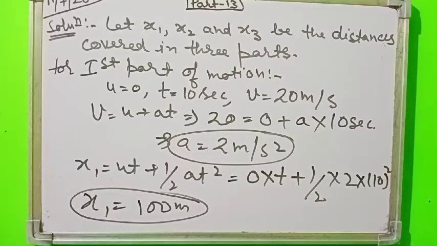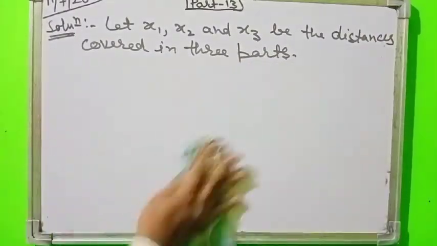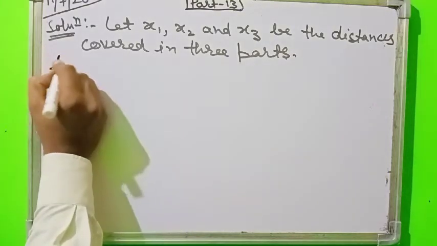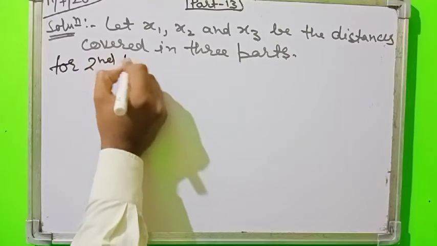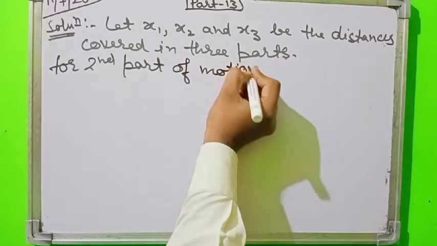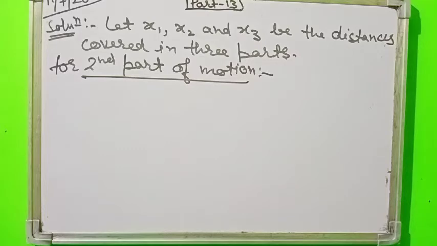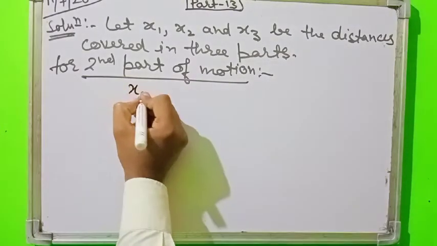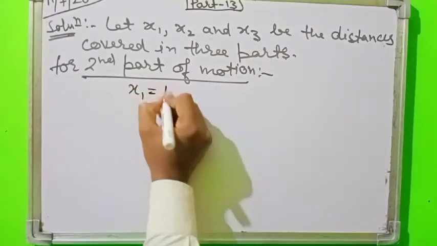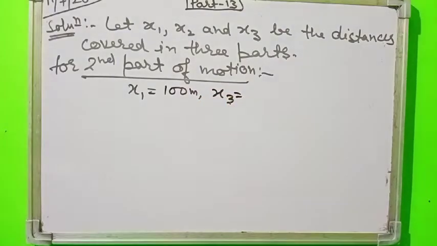Now for the second part of motion, it is traveling with constant speed. You got x1 as 100 meter, and x3 is given as 40 meter.